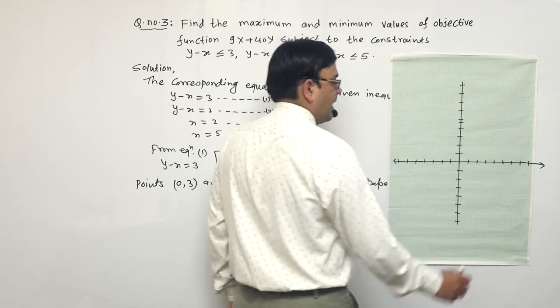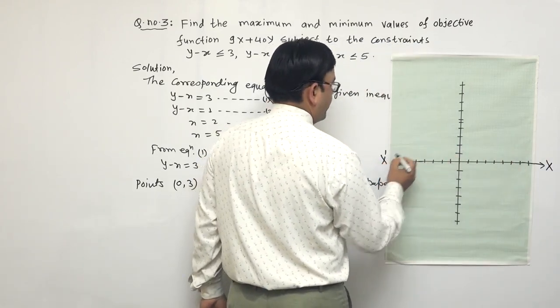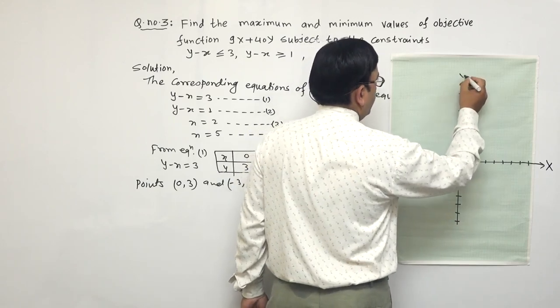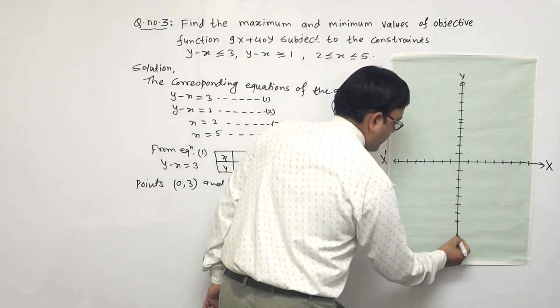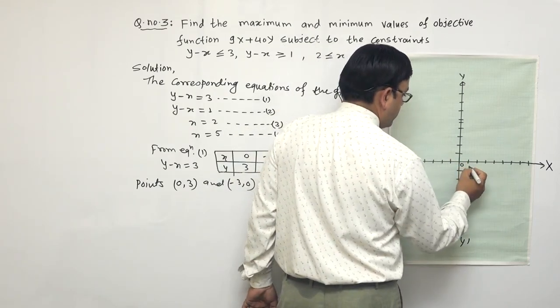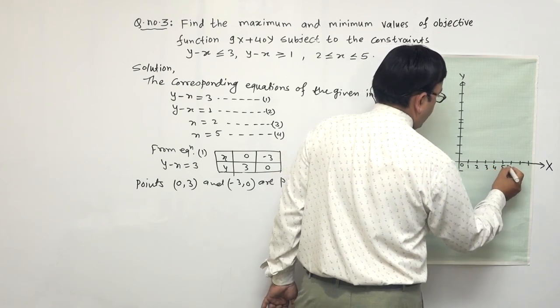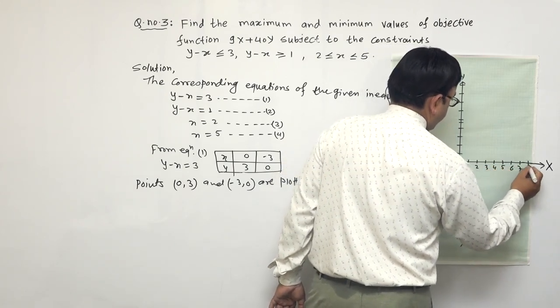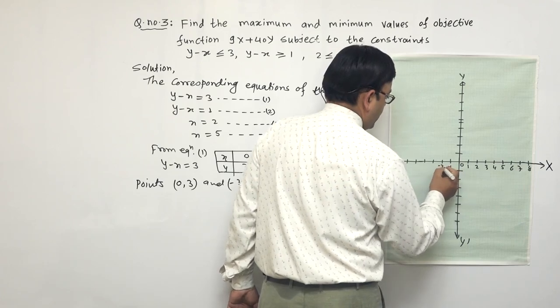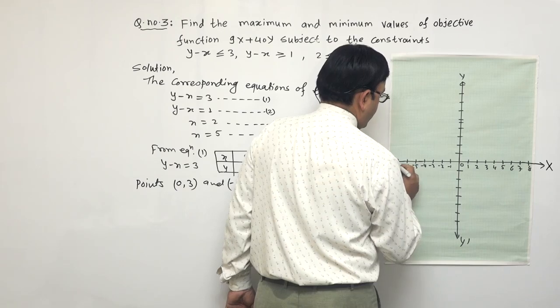To plot the points, we have taken the help of a graph. This is x dash, x, and this one is y, and then this one is y dash. This one is 0, then 1 2 3 4 5 6 7 8, minus 1, minus 2, minus 3, minus 4, minus 5, minus 6, minus 7, minus 8.